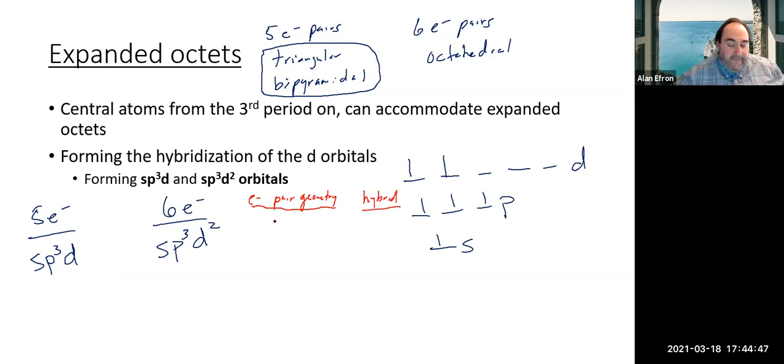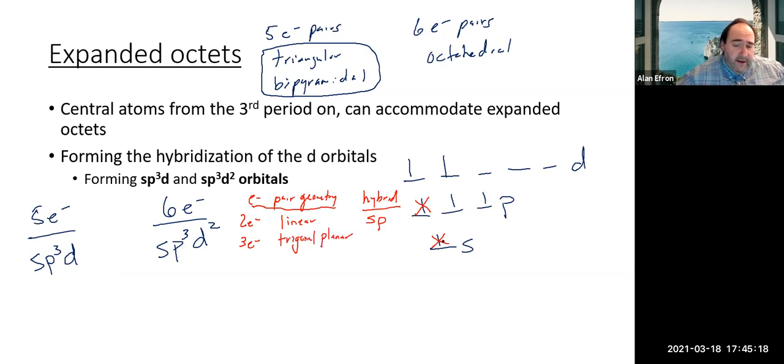And if you had, say, 2 electron pairs, that is linear in terms of its geometry. And again, if you write this S, P, and D situation here, pretty much you could just count. So 1 and 2, always starting at S. That's basically one s orbital and one p orbital, which gives us an sp hybridization. 3 electron pairs, in terms of electron pair geometry, is trigonal planar.